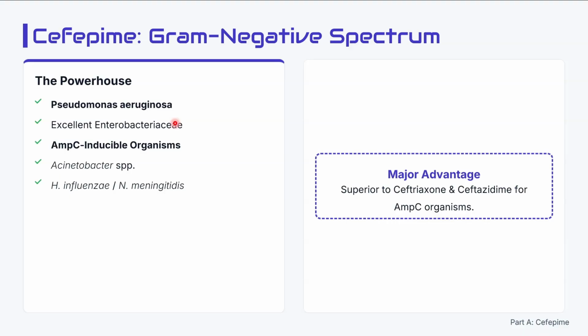For the gram-negative spectrum, Pseudomonas aeruginosa, excellent Enterobacterales coverage, AmpC-inducible organisms, the SPICE organisms, and even Acinetobacter species, cefepime can be used. Haemophilus influenzae and Neisseria meningitidis also, cefepime can be used. It is superior to ceftriaxone and ceftazidime for AmpC organisms. That is the most important thing that you need to remember. If cefepime is not available, you can anyway go for a carbapenem drug.